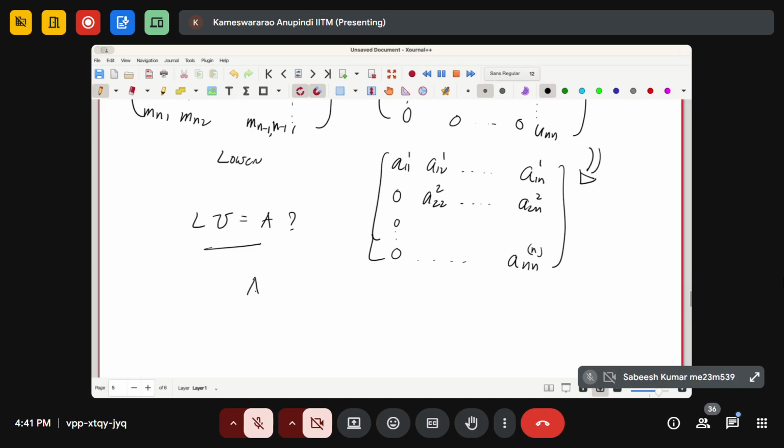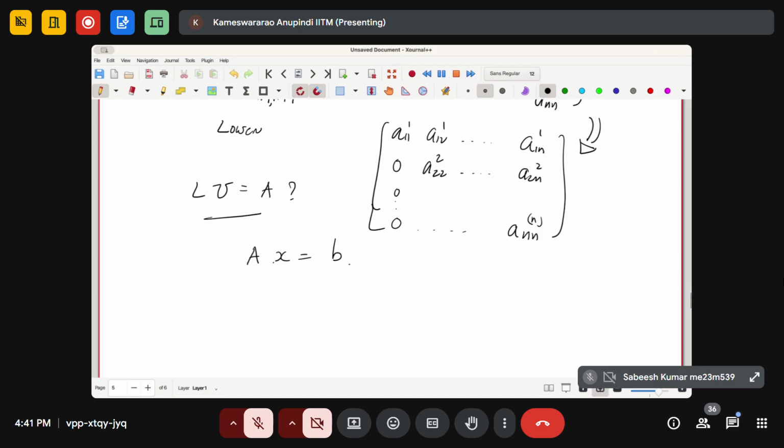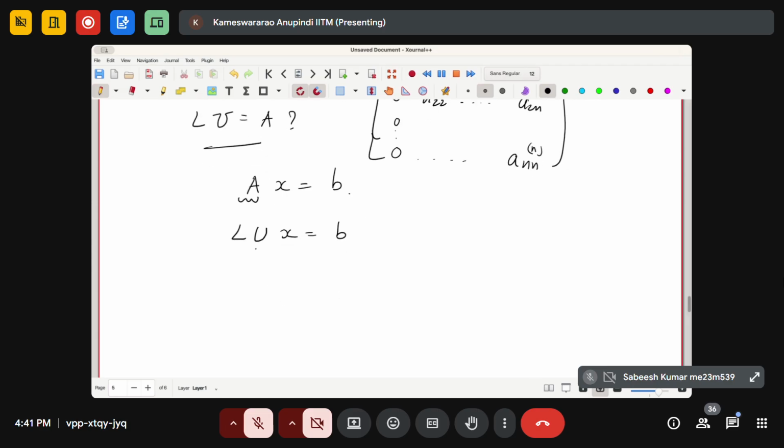Say you want to solve Ax equal to B. Instead, I'm going to decompose my A into a product of a lower triangular matrix and an upper triangular matrix, and I have LU times X equals B. I want to call U times X some vector Y. Then this is going to be L times Y equals B.